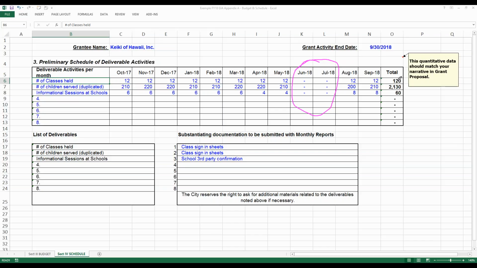And also very important, I want to note here, totals here, your total outcome for the grant period should match the grant proposal narrative.